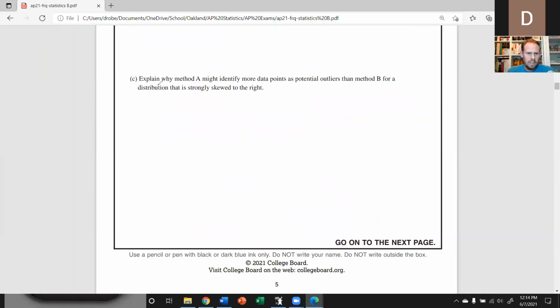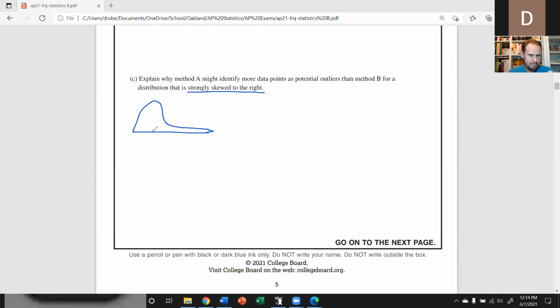All right, so explain why method A might identify more data points as potential outliers than method B for a distribution that is skewed to the right, which is what we've got because we had those 2 points off to the top. So if we have a distribution that looks like that, why is method B going to give us more outliers?